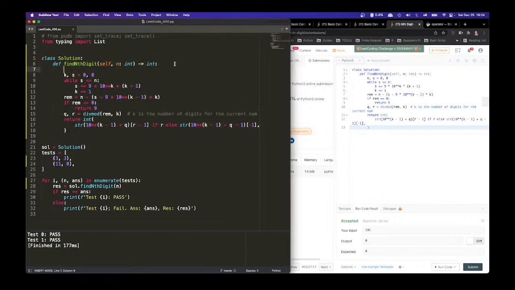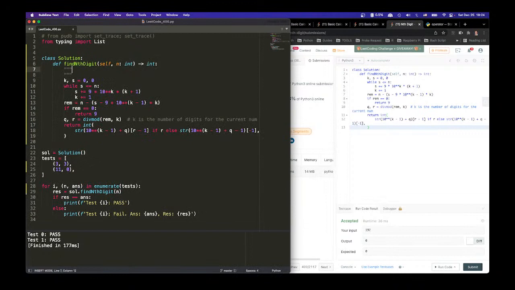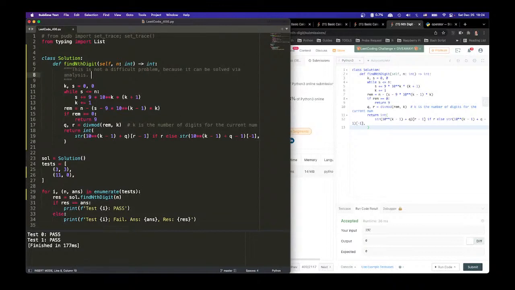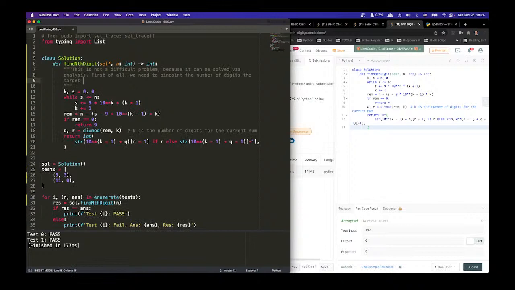So the analysis was correct. Well, this is not a difficult problem because it can be solved via analysis. So first of all, we need to pinpoint the number of digits the target value has.